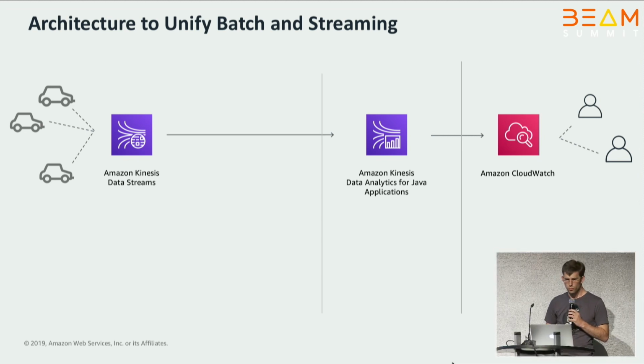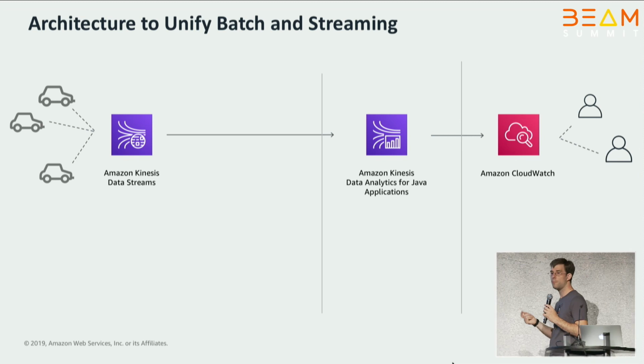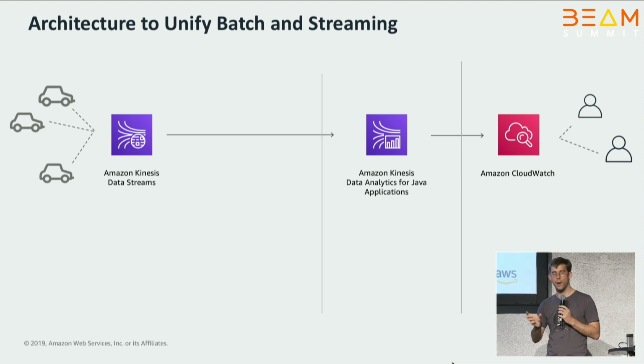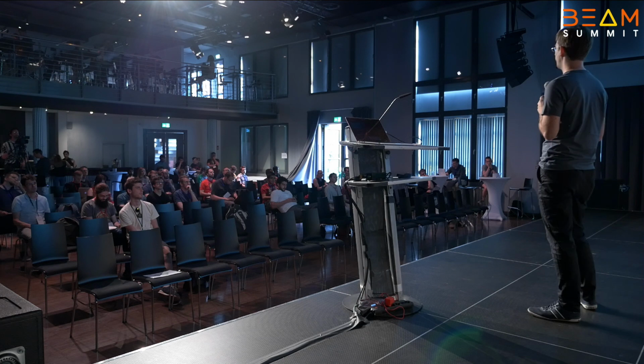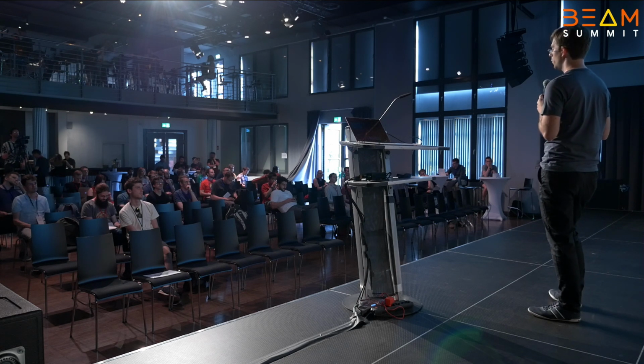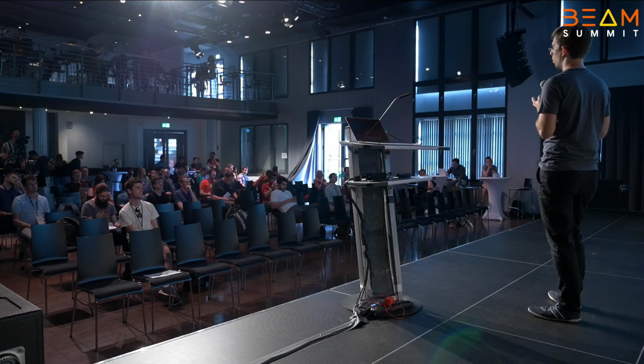This works really well up until the point where you want to backfill your state or recompute KPIs over a large period of time. Because Kinesis Data Streams provides a data retention of 1 day by default, which can be extended to up to 7 days, right? So if you want to run large backfill jobs or large reprocessings, that's not going to work.